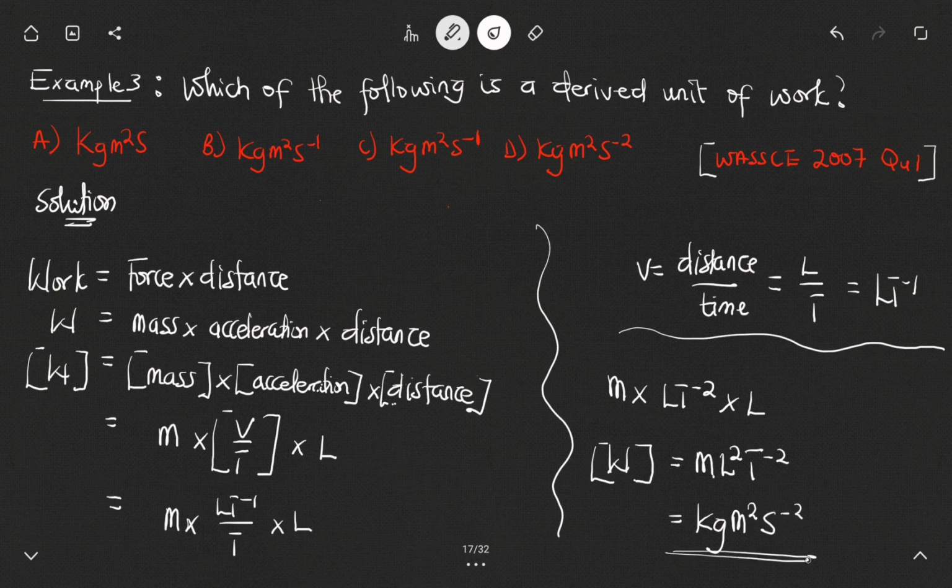This becomes the unit for work. If we look through the possible answers, option D is kilogram meter squared per second squared, so that becomes the correct answer for this example.